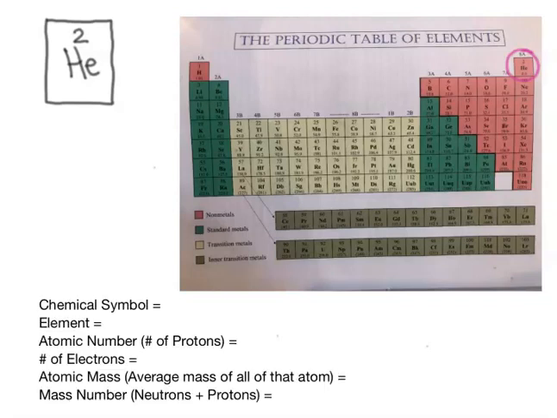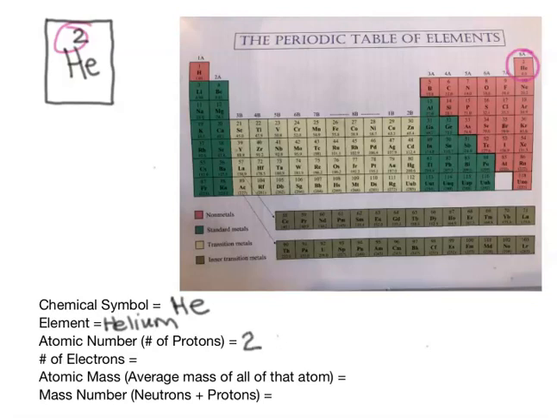So in our example here, our chemical symbol is He, and this is for the element of helium. And the atomic number, which as I said is this number right up here, tells us the number of protons. Okay, so we can go ahead and fill that in. Helium has 2 protons.